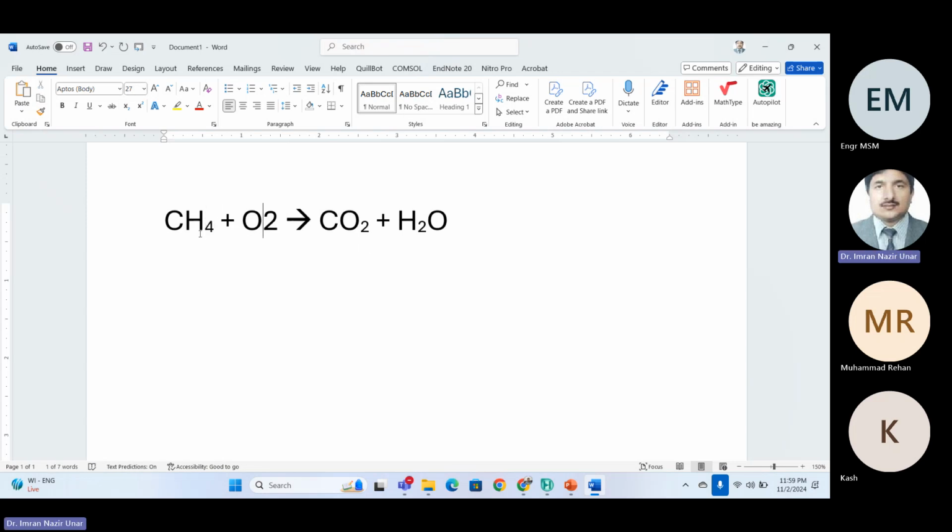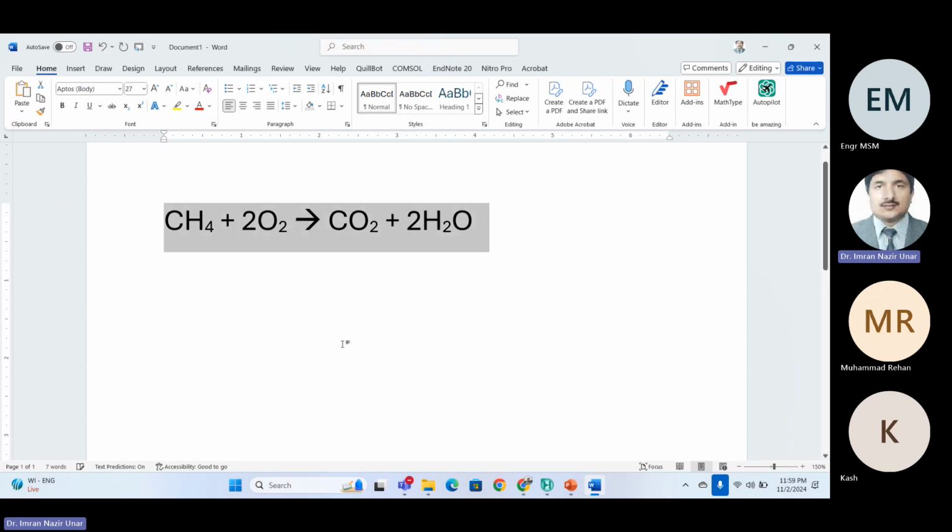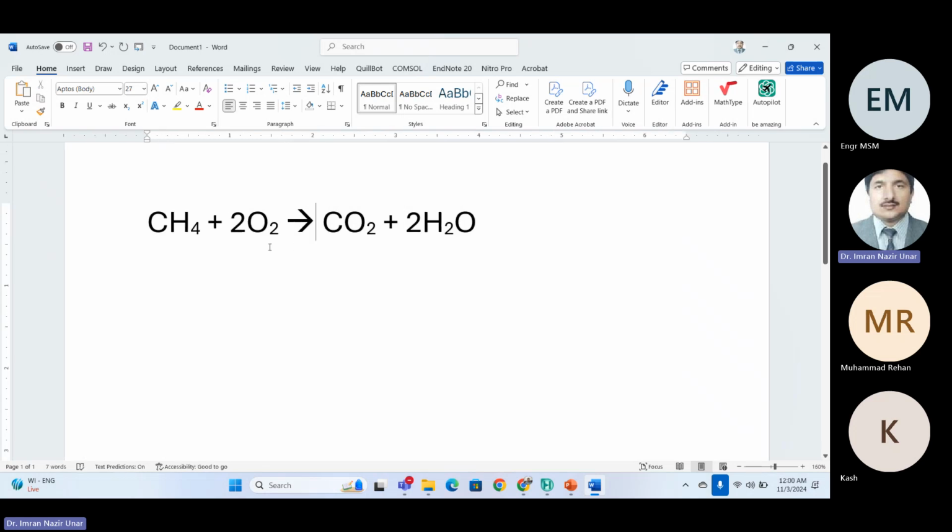So we have to balance the reaction. So we have two here and two here, so 2 and 2, 4 oxygen, 2 to 4, and 4 hydrogen. Okay. Now this is a methane combustion reaction, and it is completely defined, and it is now a balanced chemical reaction.